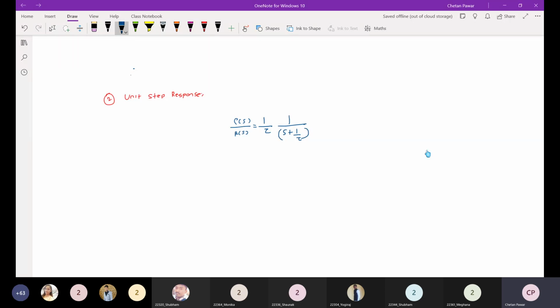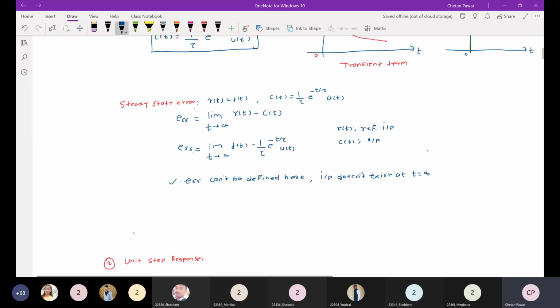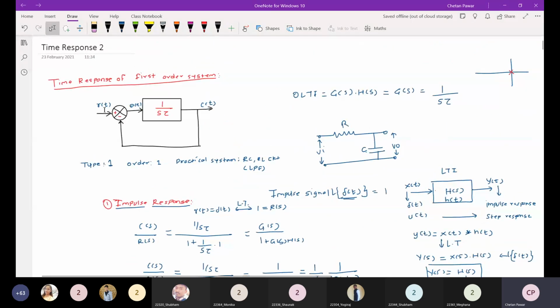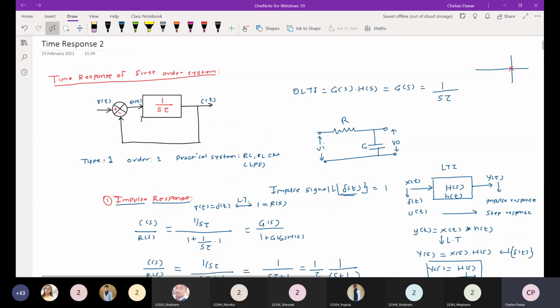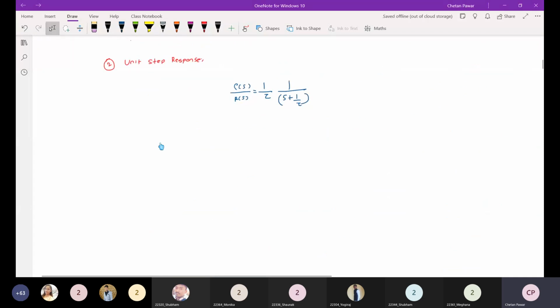Now we are going to apply the unit step signal at this input, right? So here at R of t, at this point we will apply the unit step signal. Now R of t will be equal to U of t, that is unit step signal. And if I take a Laplace transform of it, that will be R of s. And what is the Laplace transform of unit step signal? 1 by s. Okay. So R of s is equal to 1 by s.